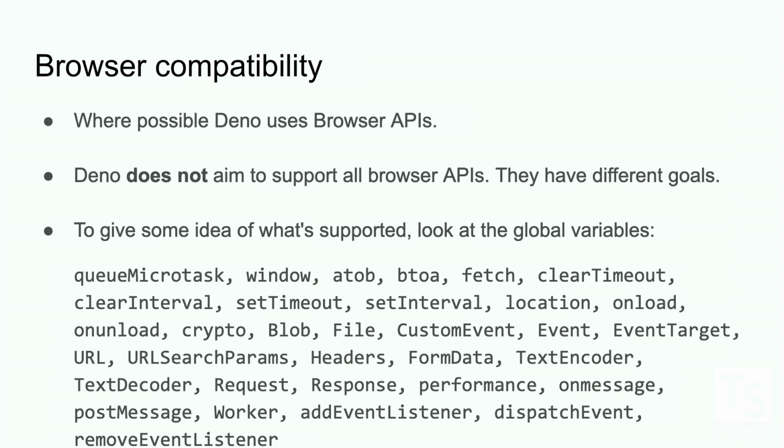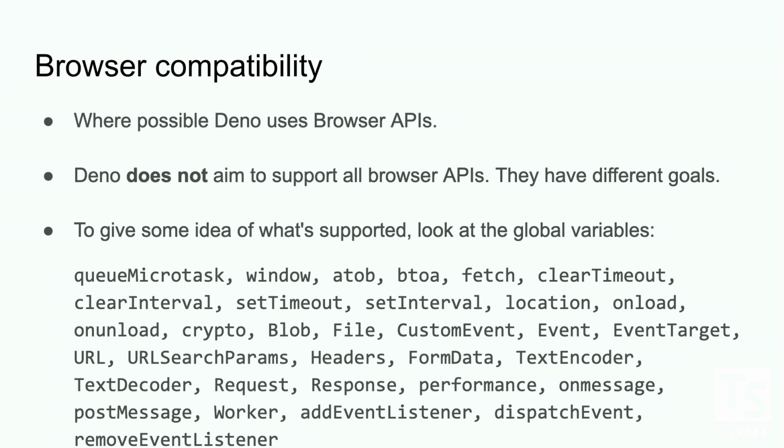Another aspect where we're trying to be different is this browser compatibility thing. So Deno is something that is a server-side runtime, in that it's not running websites. So what does it mean to be browser compatible?